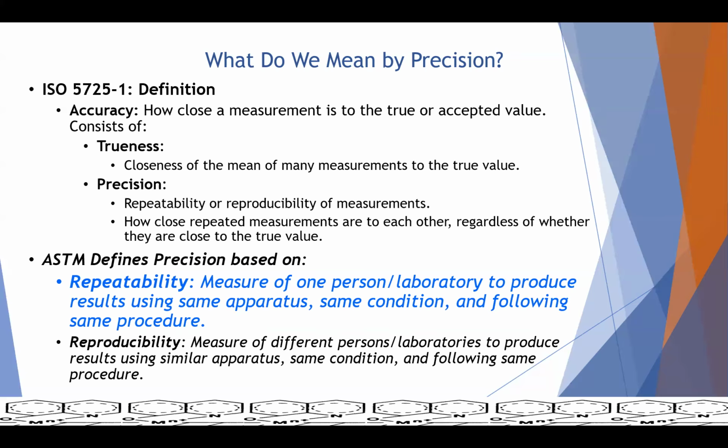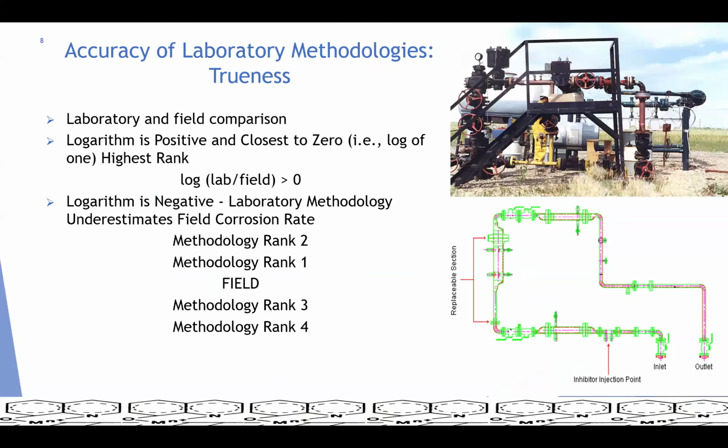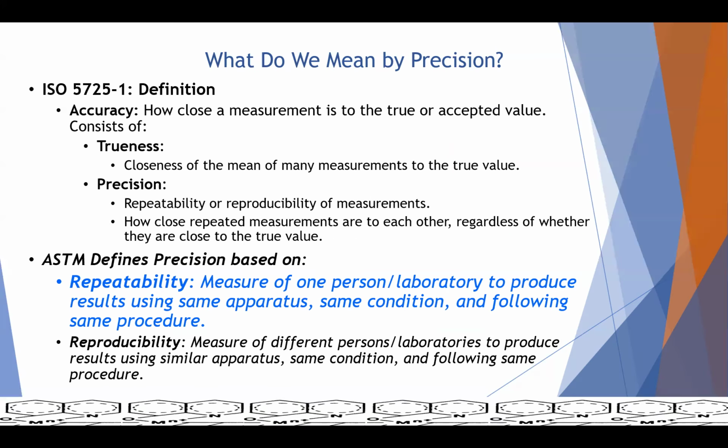So for practical purposes, for corrosion inhibitor testing, what we are looking for is precision. We may or we may not get the trueness. That is the premise with which we are doing the lab testing to evaluate corrosion inhibitors. So now let us see how far we have achieved the trueness and precision.